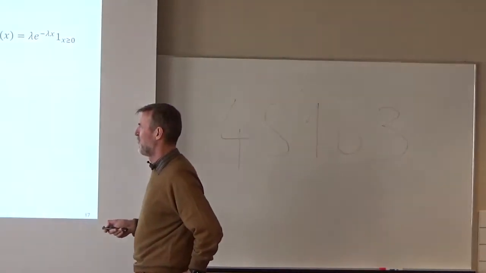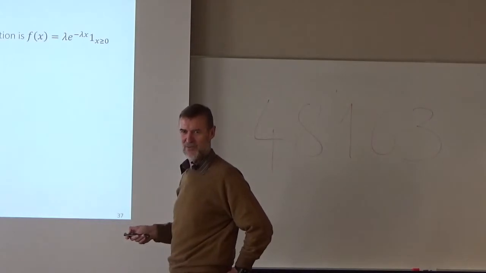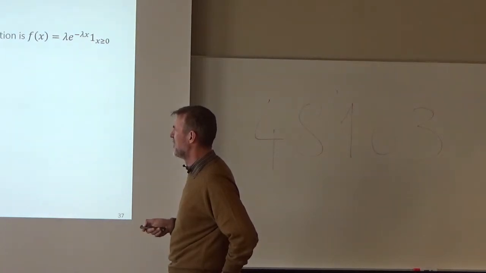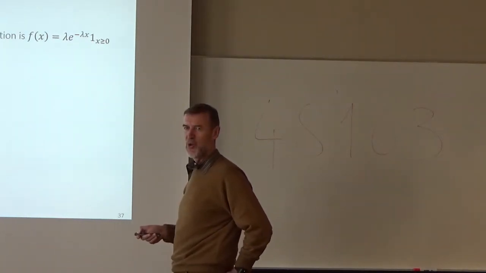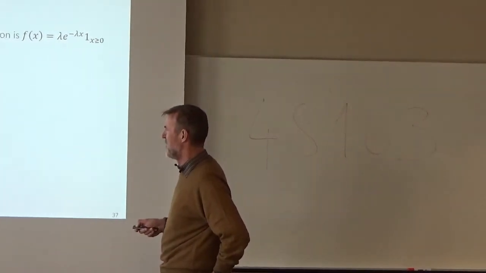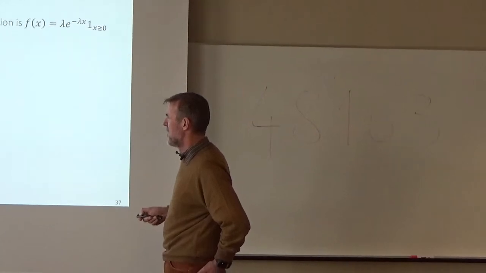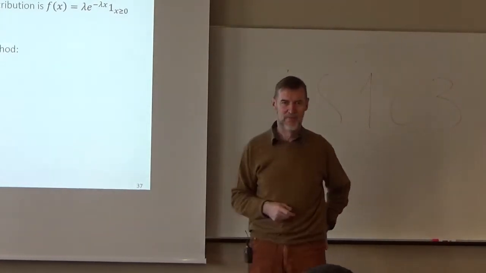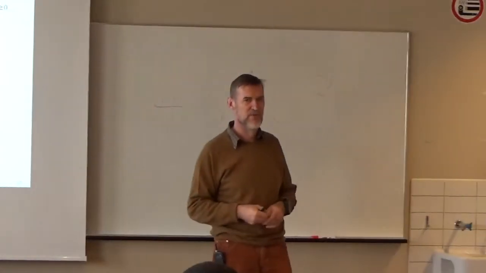Now, let's consider the following simulation exercise, which is I draw y according to this distribution here. Then I draw another u. I flip a coin. If u is less than 0.5, which means probability 0.5, I say x is equal to y. Otherwise, x is equal to minus y. Okay? So I draw an exponential random variable.